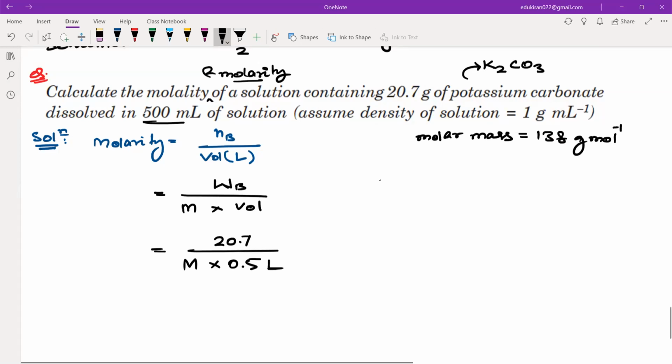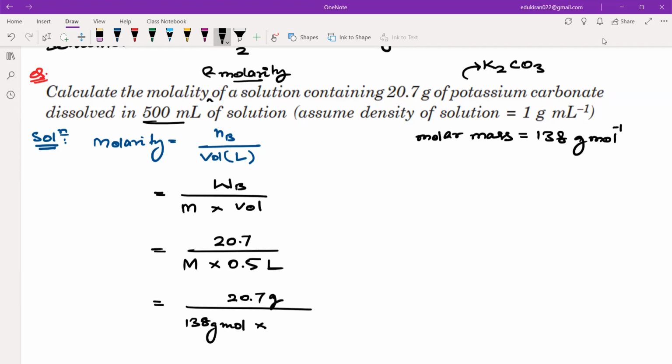Casey, did you get this, yes or no? Yes, sir. Then you have to send the answer in the chat. I just got it, sir, when you said yes. 138. Okay, no problem. We have 20.7 grams divided by 138 grams per mole into 0.5.